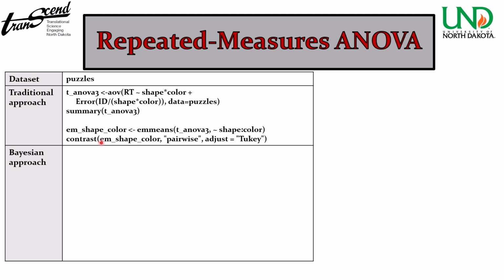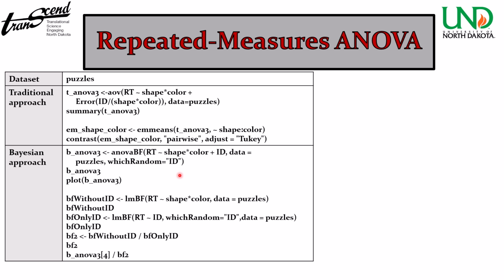And so we can do this error term with the ID over shape times color, so we can account for that repeated measure, sort of like the paired relationship in the paired t-test. And we can do a post hoc test from there.